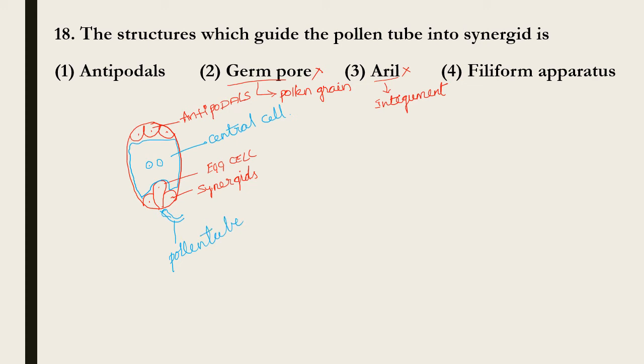And at the surface of the synergids, we can observe finger-like structures. They are called the filiform apparatus. These filiform apparatus guide the pollen tube to enter into the embryo sac. So the correct answer is filiform apparatus, option 4.